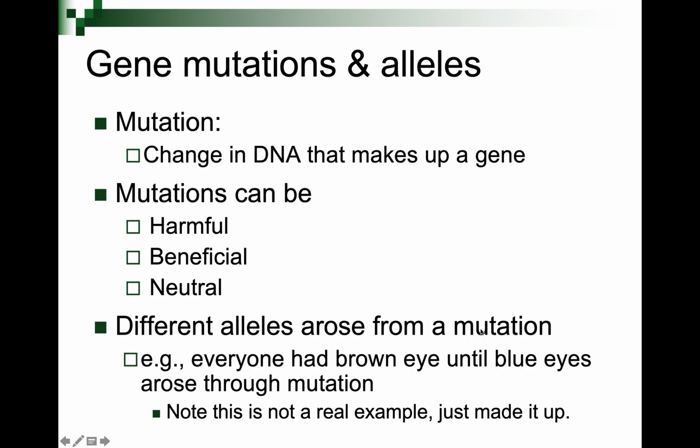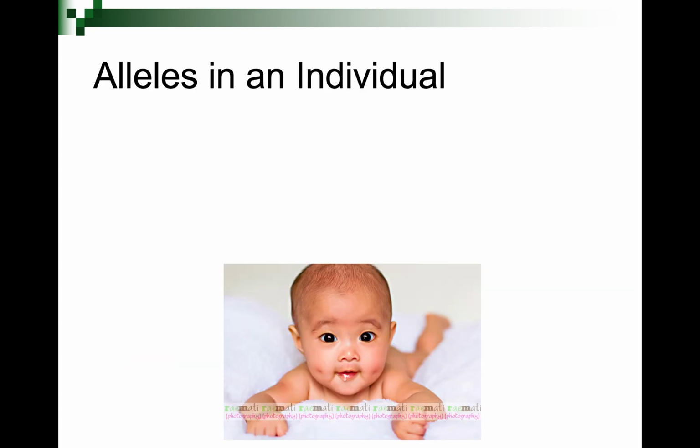So different alleles that we see in our bodies have all come about through mutation. So everyone at one point in time had brown eyes until blue eyes arose through mutation, as an example, right? This isn't a real example, we just made this up, okay? So keep that in mind. So alleles in an individual.